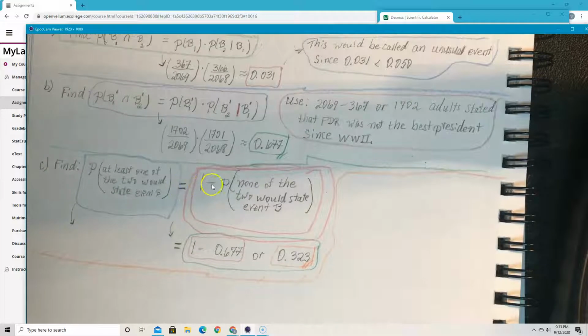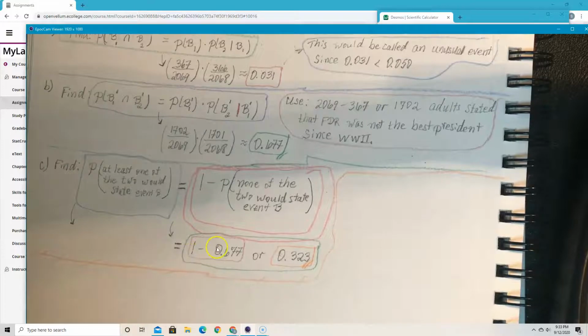So it's equal to 1 minus the probability that none of the 2 people would state event B. They would state FDR was the best president. They would not. And we know that's this right here, because we just did that in letter B. The probability they both would not state FDR was the best president.